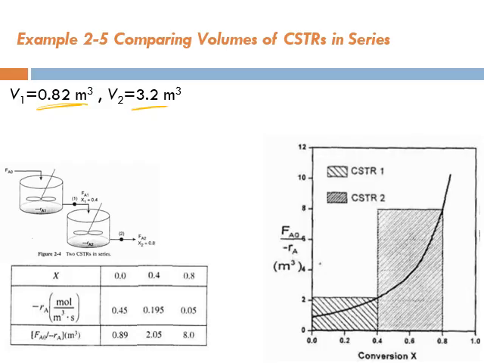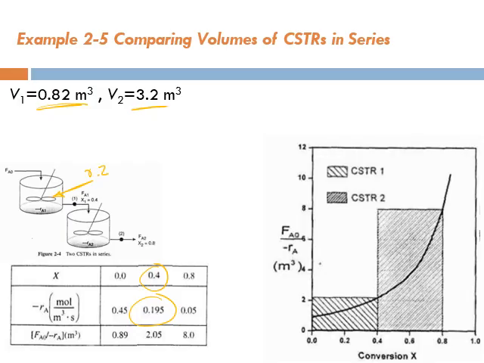Well, as we just learned from the previous lecture, it's all about the reaction rate. The name of the game here is the reaction rate, correct? So let's look at the reaction rate. Let's look at the first reactor. What's the rate of the reaction inside the first reactor? Well, in the first reactor we're achieving 0.4 conversion, so the rate is around 0.2 mole per cubic meter per second, right?